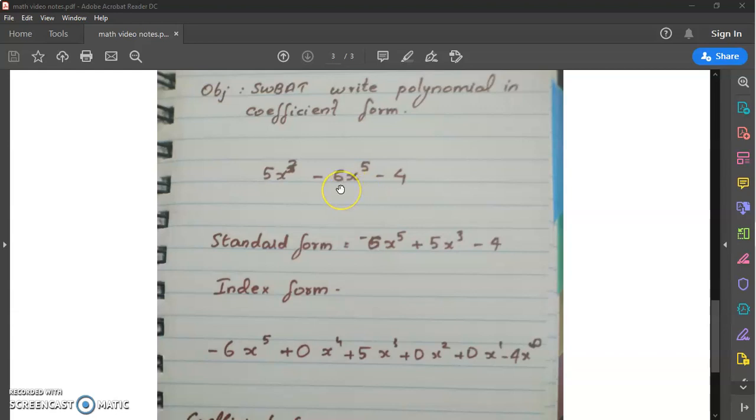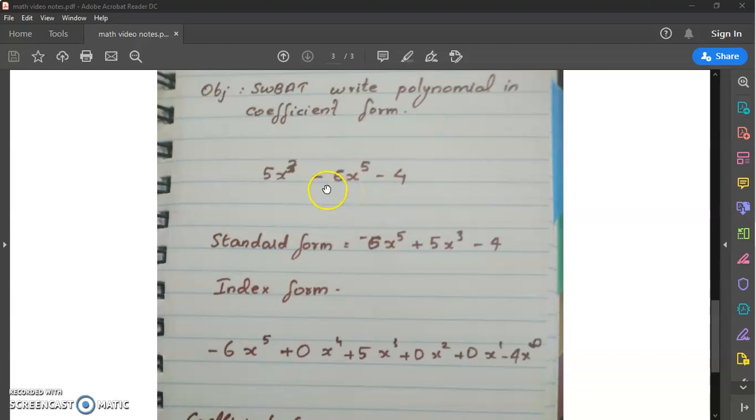Just write from the bigger number down to the smaller number. You have to look at the power, whichever is the highest number comes first, and then go down from there. So here the powers are 3, 5 and 0. Between 3 and 5, which is the highest number? 5. Yeah.